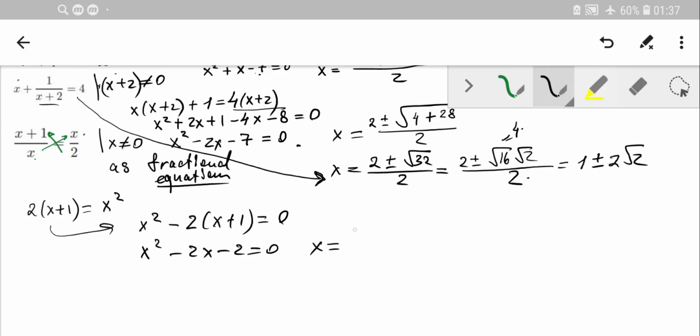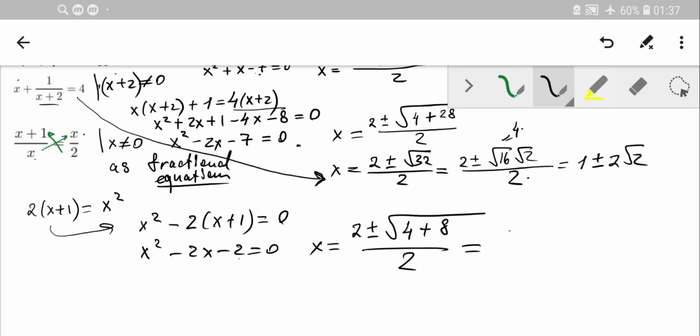So minus minus 2 is 2, plus minus square root of negative 2 squared is 4, and minus 4ac. So 4 times negative 2 will get positive 8, okay, and over 2.